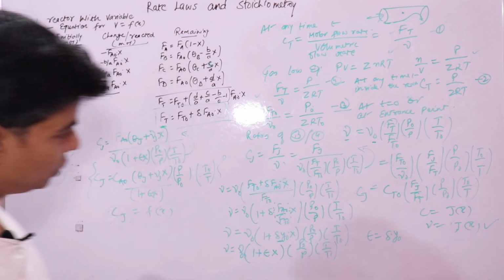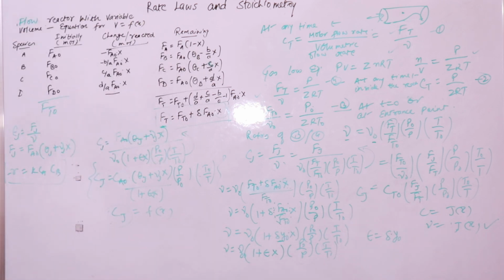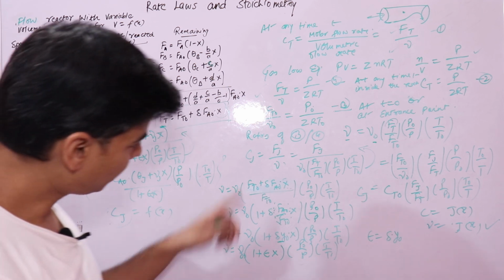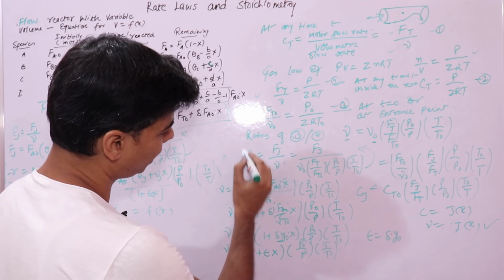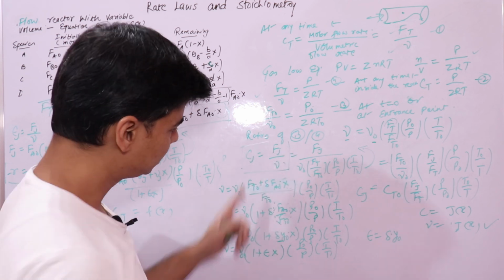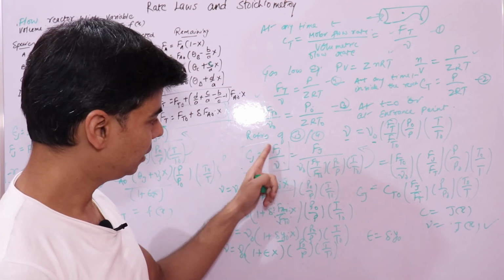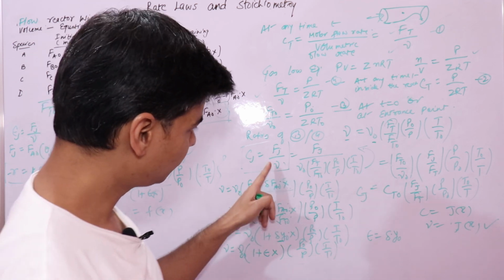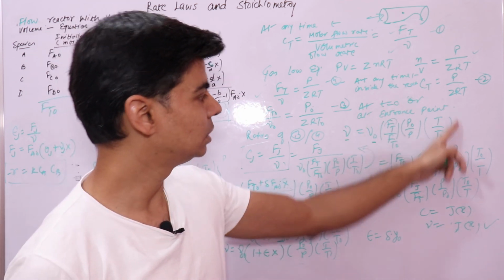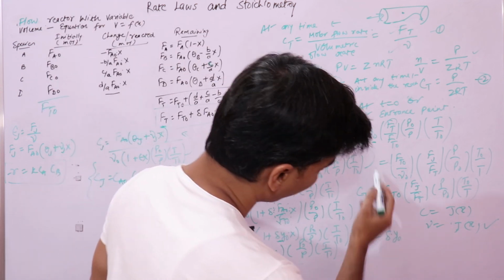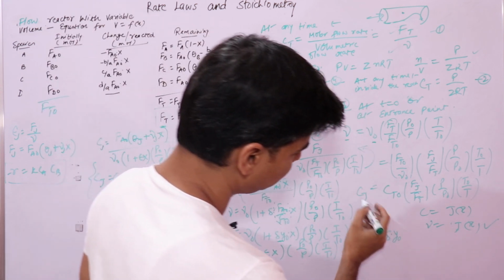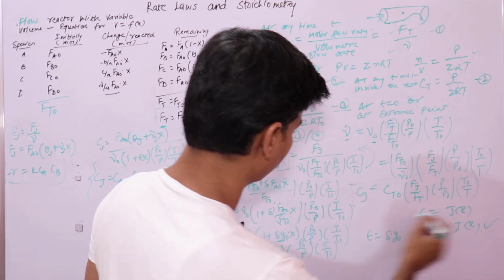Now what you will do is, we need concentration in terms of conversion. So we have formula for concentration as Cj, for any species j, Fj upon nu. So for nu we will substitute this here, this way, right? So what you get, if you further solve this, is this.